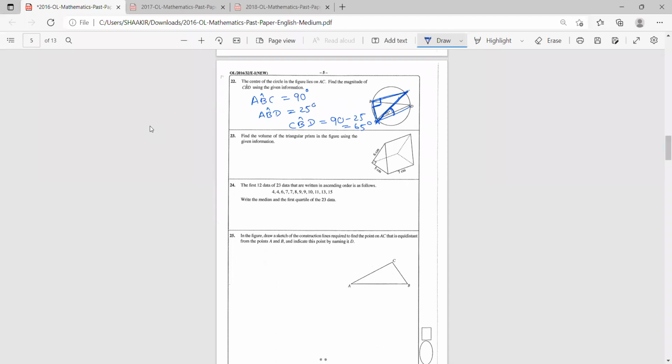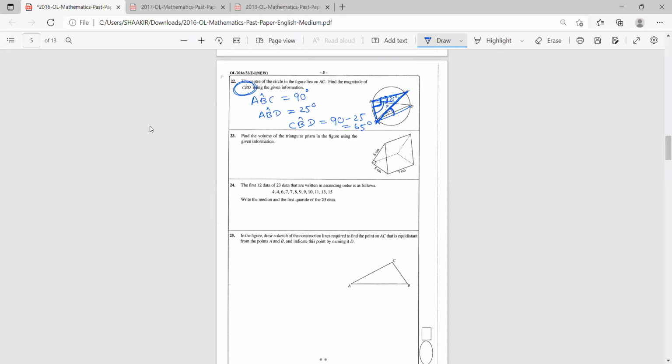If this is 25, this angle also will be 25, because angles in the same segment are equal. Now, what are they asking for? They are asking you to find CBD. CBD means this portion. This entire thing is 90, and only this portion is 25.